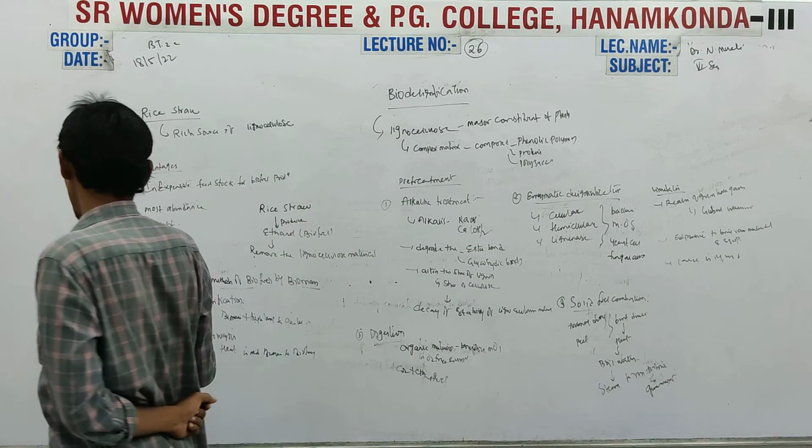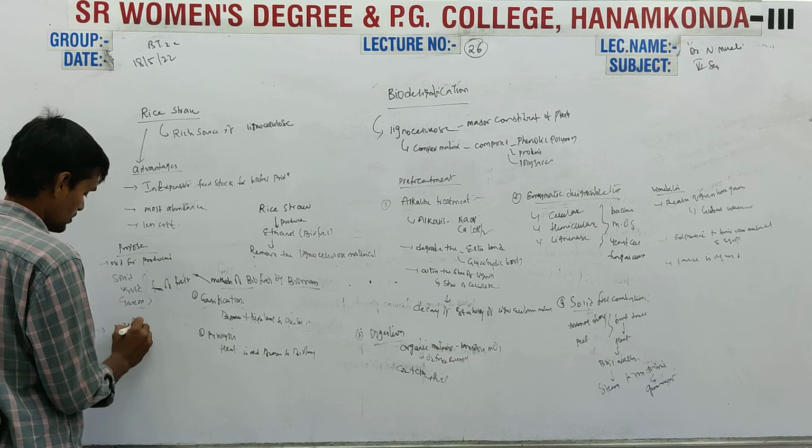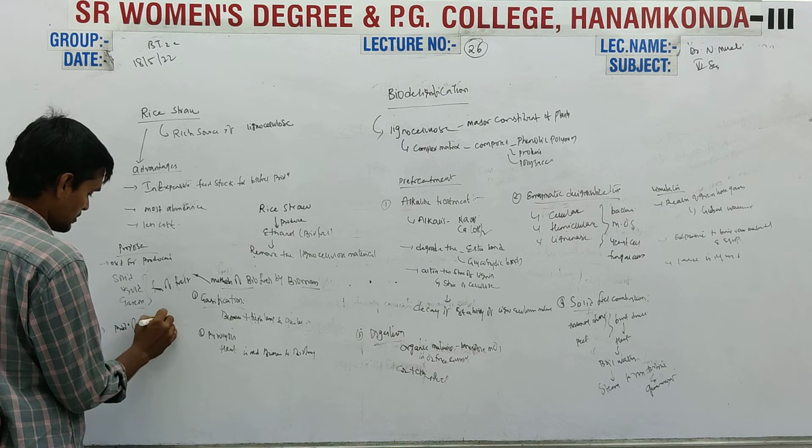Next, biomass is directly used for production of electricity.